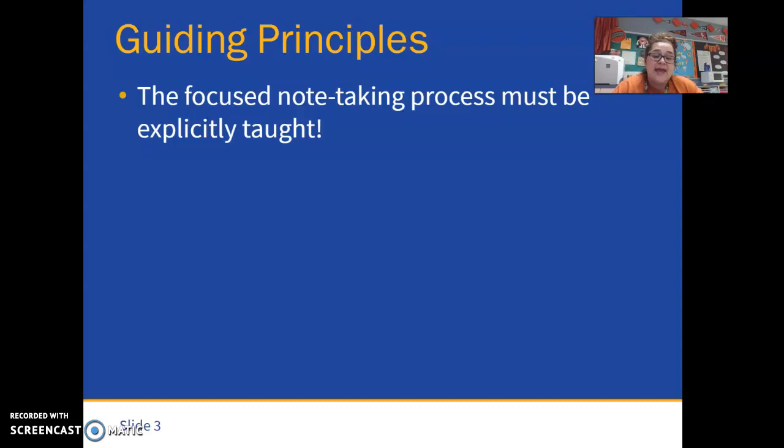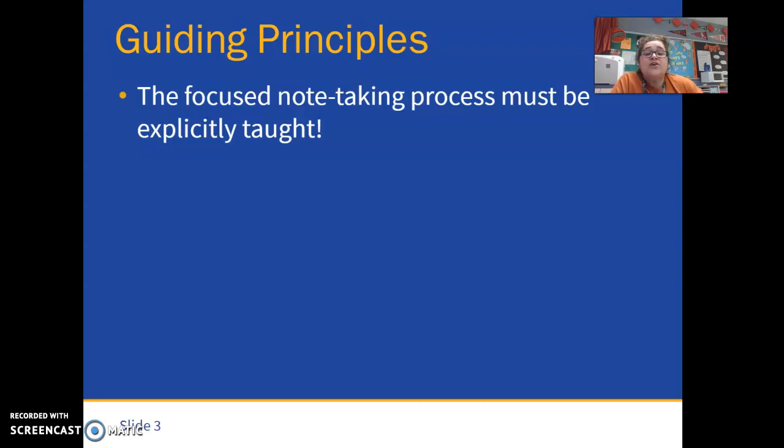Yes, we say, here's a handout, here's a fill in the blank, here's a packet, and we tell you to write things down. But at the college level, you're going to have to listen, determine what's important, write it down, and use that information to study, to have some type of final product for your professor. So we want to make sure that we don't just say, okay, guys, take notes, because it's more than that.